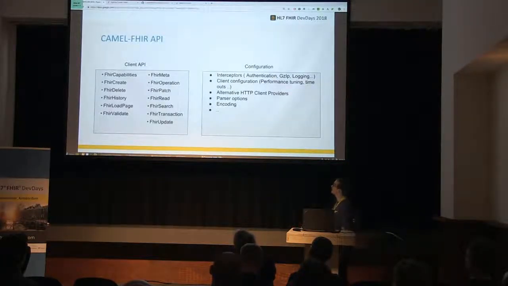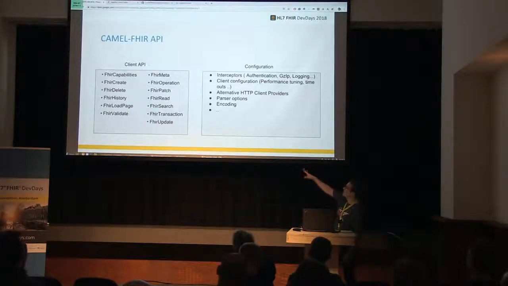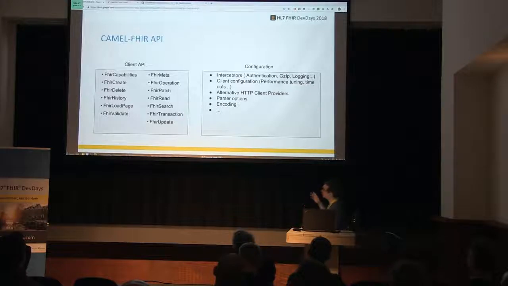So in terms of functionality, what do we have? If you're familiar with HAPI FHIR, this slide should be familiar. We have your API and your configuration. In your API, you have all your create, delete, update, search, everything in the specification, more or less. For example, there's only read, there's not vread.